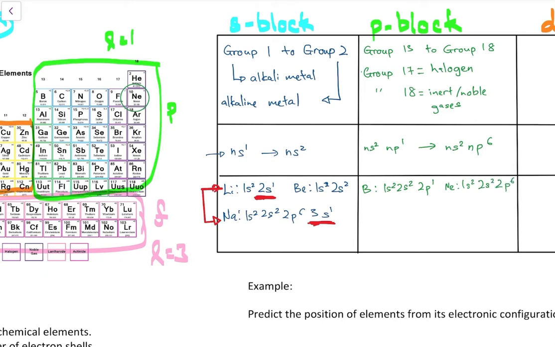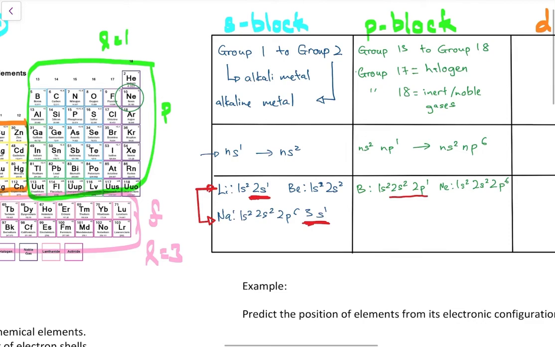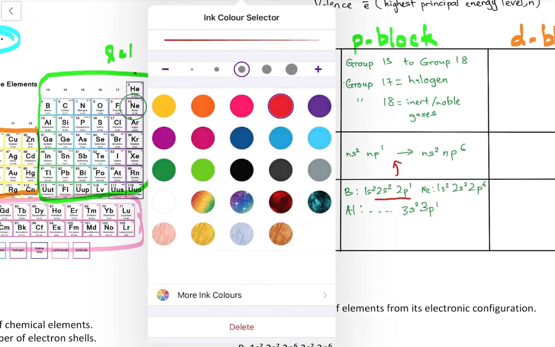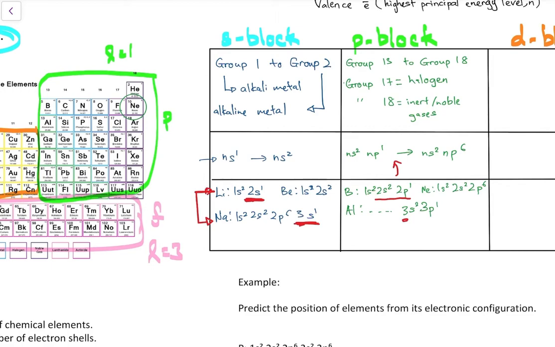As you can see, the valence electron configuration is the same as the formula. If you take aluminium as an example, you get almost the same electron configuration, except that it ends with 3s2 and 3p1. The difference, as I said earlier, is the principal quantum number, because aluminium is from period 3.